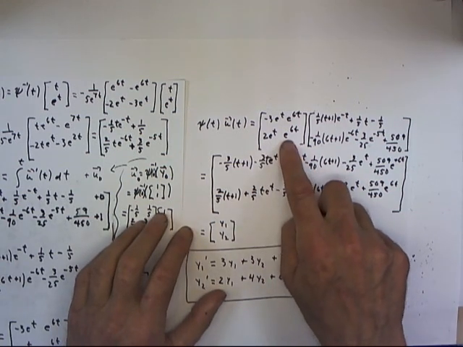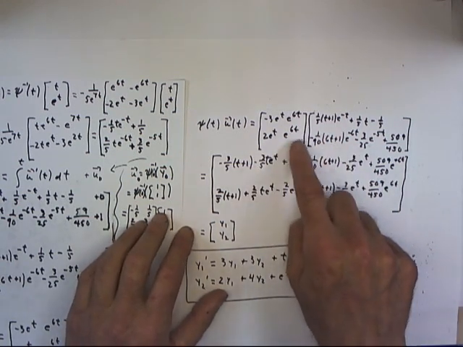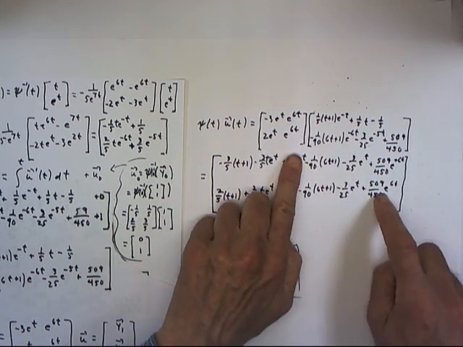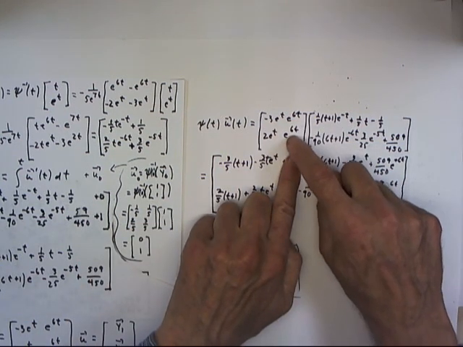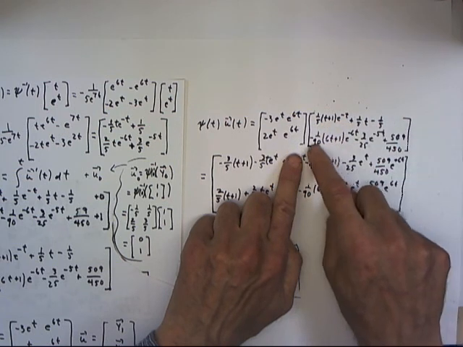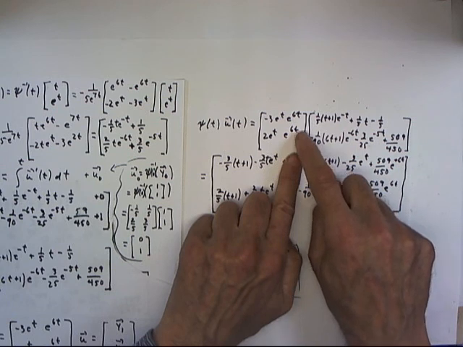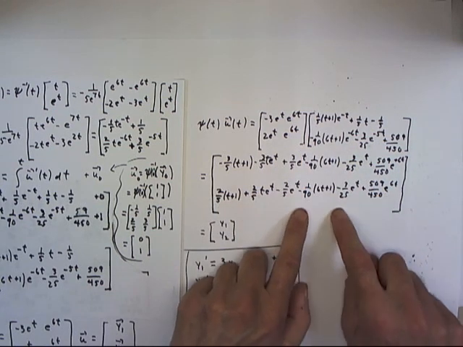The coefficient here, the e to the 6t again, is the same as this, so that all these terms over here, which came from multiplying the second row by the second component of the u vector, are going to be the same for both rows.